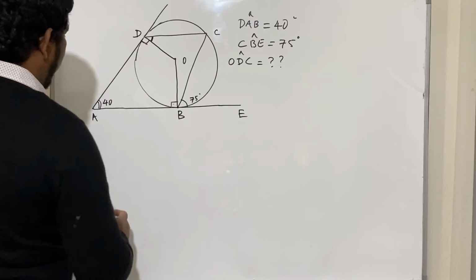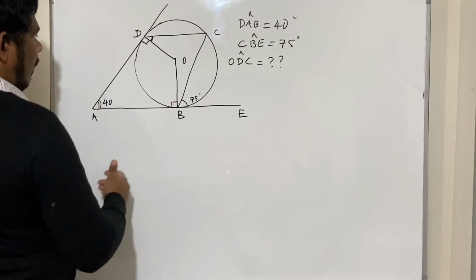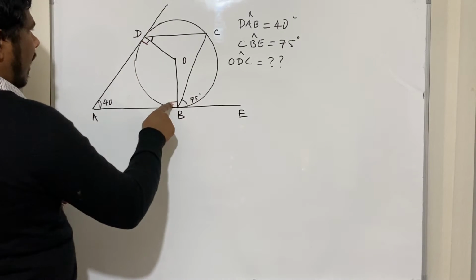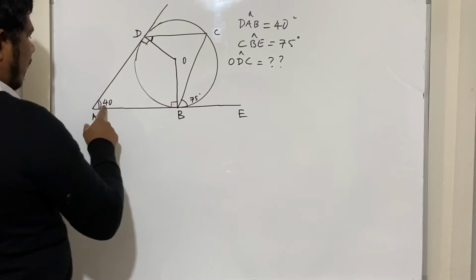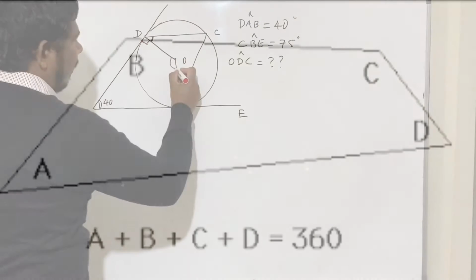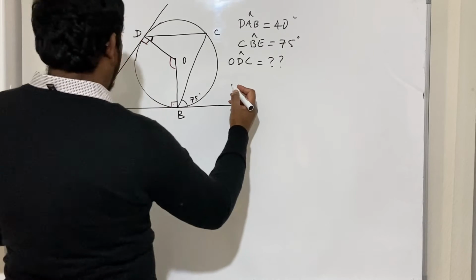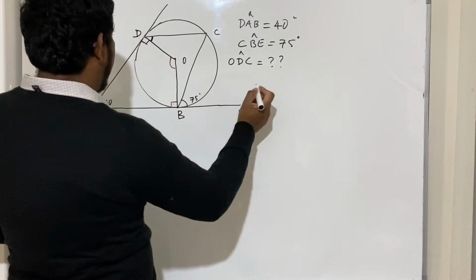So when we look at the quadrilateral ABOD, we know this angle is 90, this angle is 90, and this angle is 40. And we can find this angle, because in a quadrilateral, the sum of the angles is 360. So we need to write down everything.